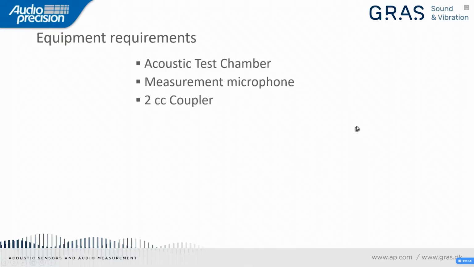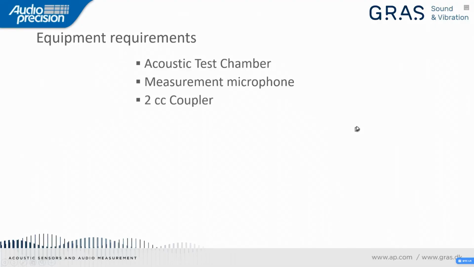A 2cc coupler. So this is specified by both of the production test standards. And for the R&D standard, the Part 0, you have the option of using an ear simulator if you prefer. We also need a sound level calibrator, and we'll talk about that in a minute. Dummy microphone, again, we'll talk about that in one of the upcoming slides.